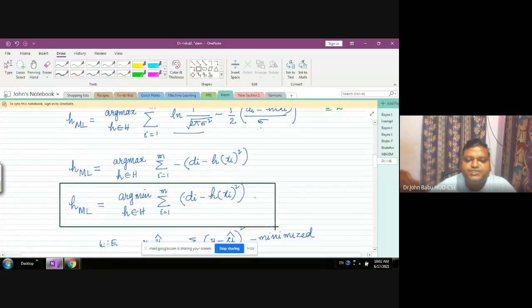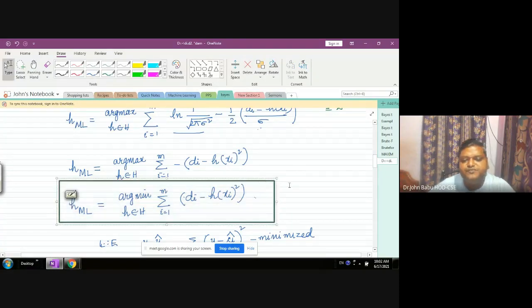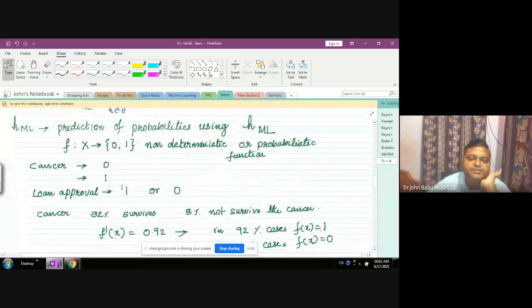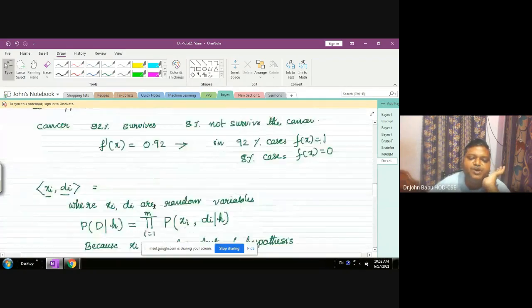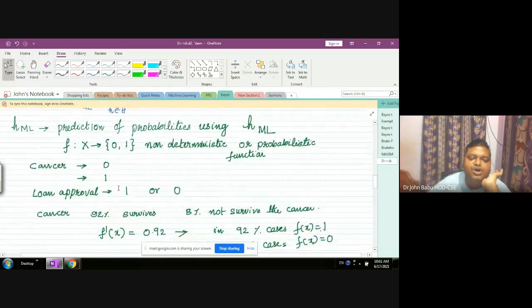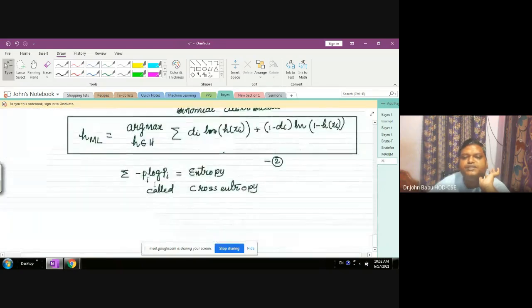Both are the equations for maximum likelihood, but the problem setting is different. In this situation, the problem setting is deterministic probability. We can calculate the probability. But here, we are not interested in the probability. We were interested in either 0 or 1. So this is non-deterministic probability.